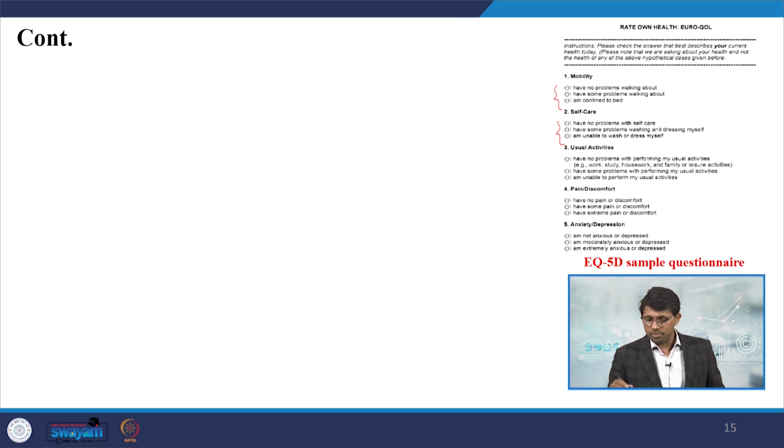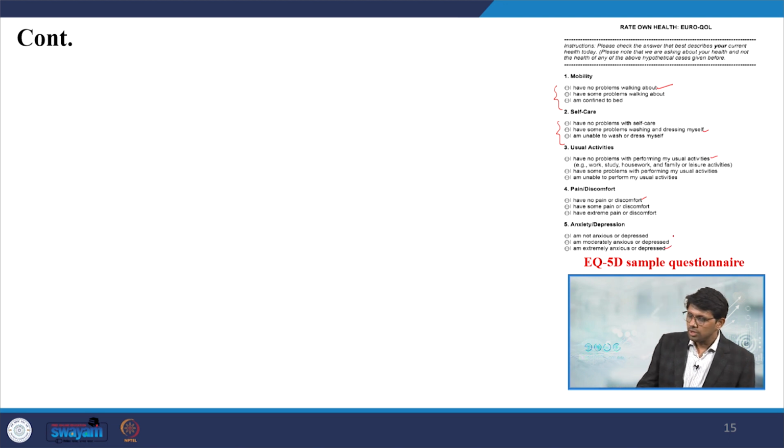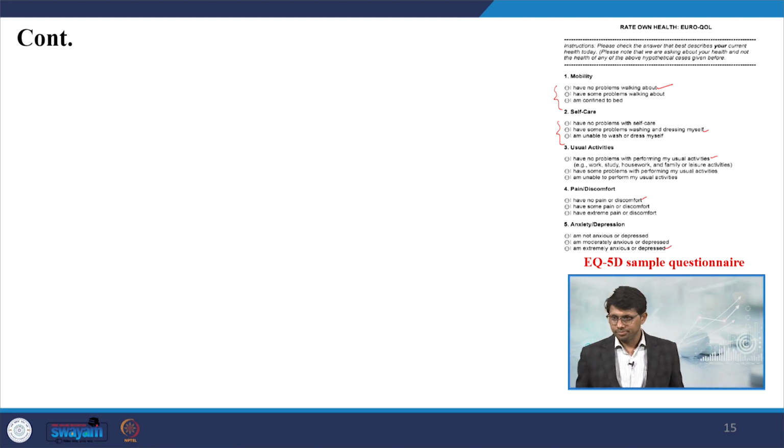For one single person, one might declare that I have no problems walking about. In another question, one might pick up these, and in another case, the same person might pick up these. So, in that case, this is just one combination.